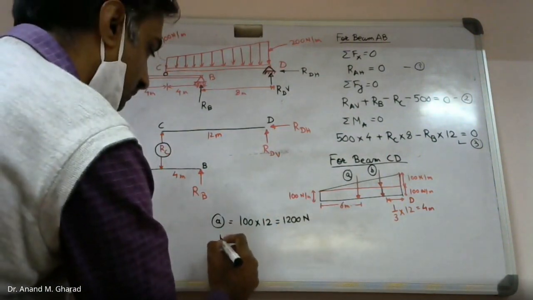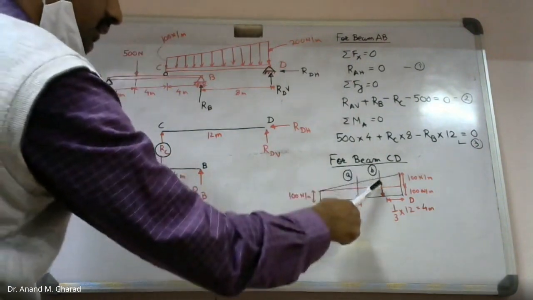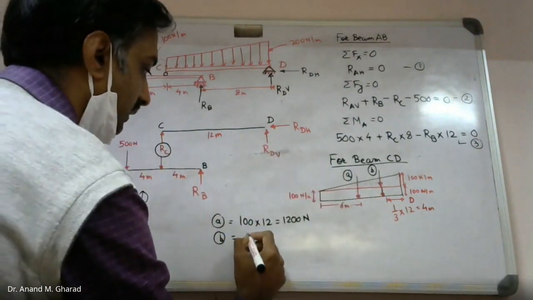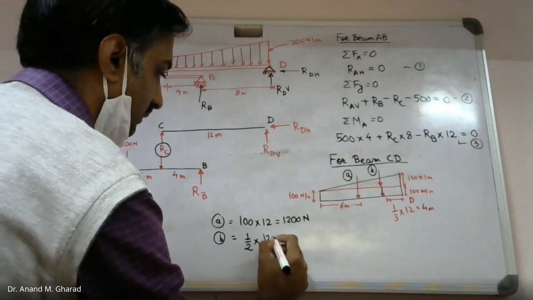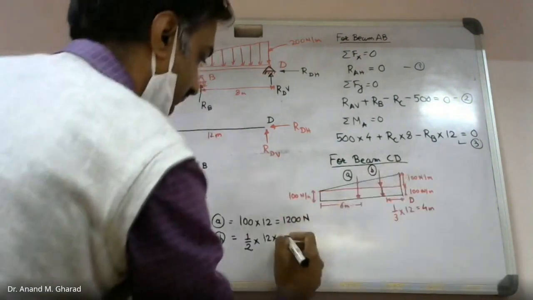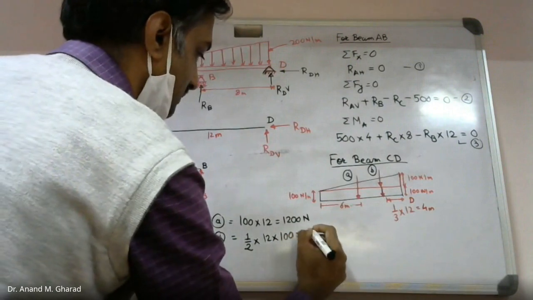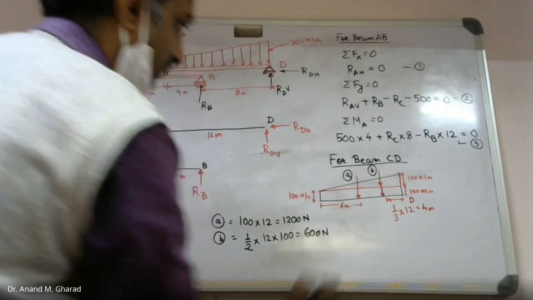Similarly, intensity of B, how much shall it be? Half base into height, which is nothing but 600 Newton.